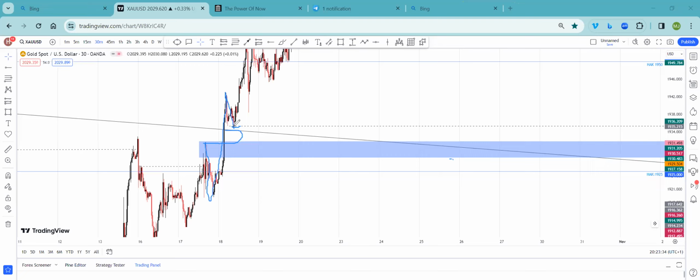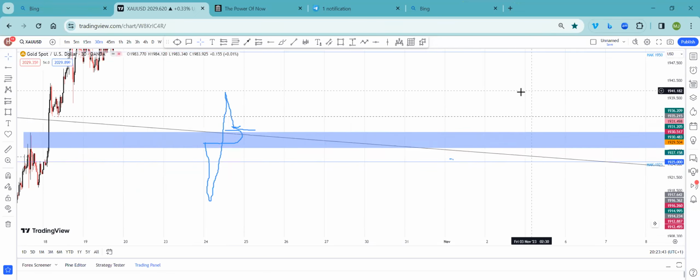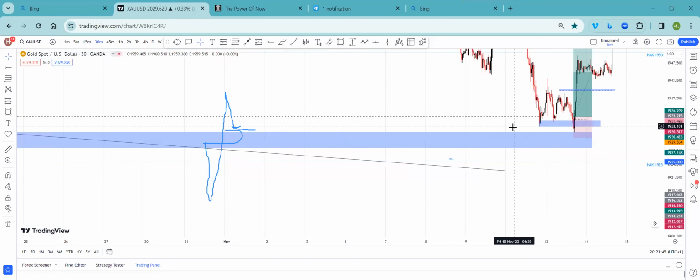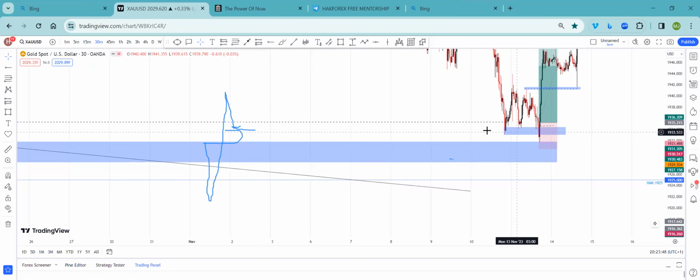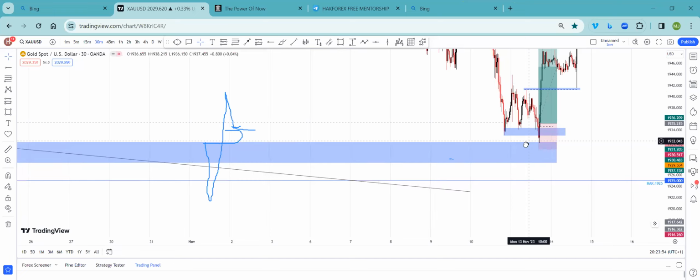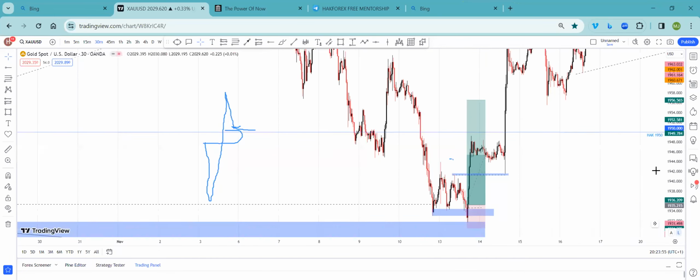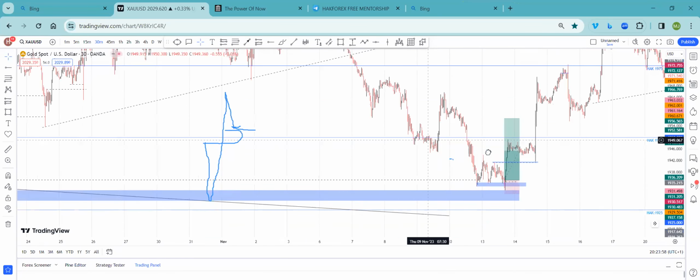So this low automatically becomes a liquidity level for us. Now look at what happens from there when next time the market comes back to that level. After playing around, you see, they surely still fill that inefficiency. And after filling it, look at what happened, the market continued going.